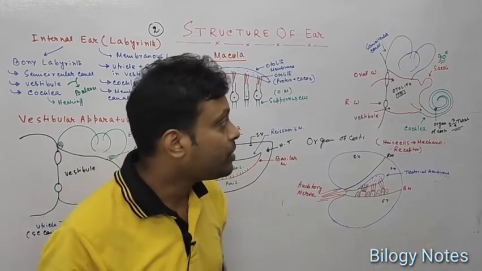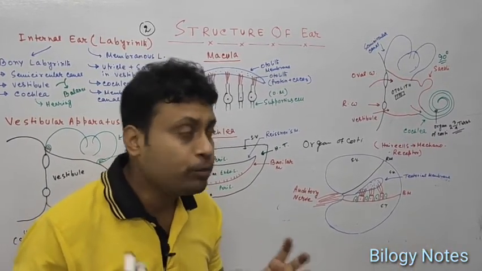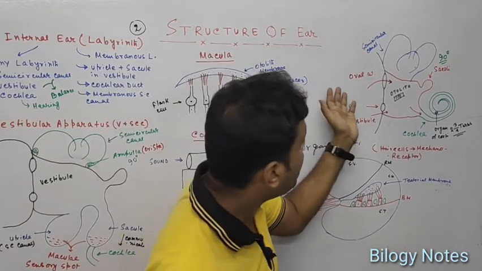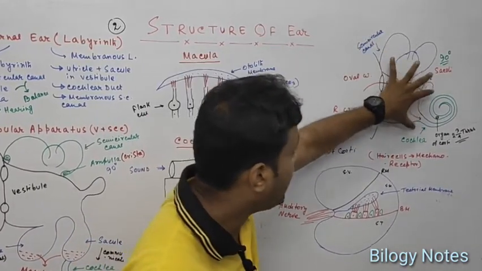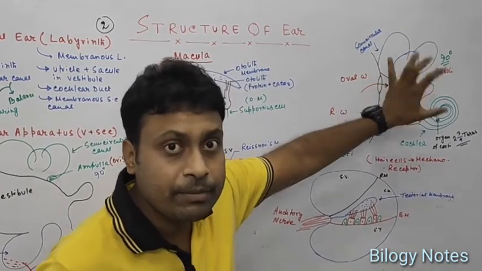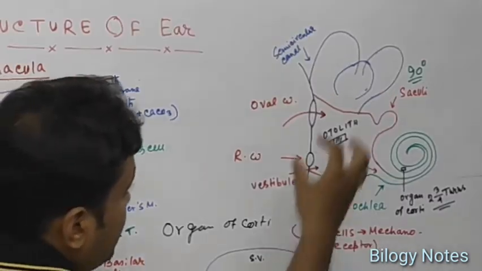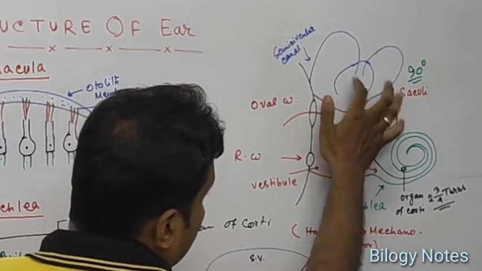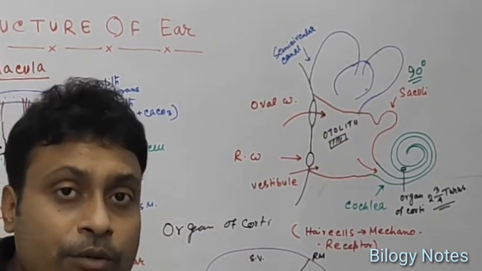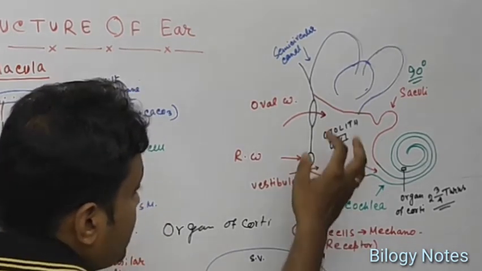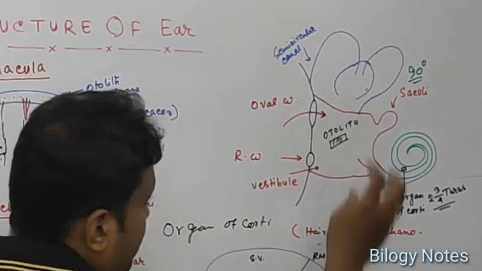Okay, and another structure is the cochlea. And what will be the position of the cochlea? You can understand the position of the cochlea when you see this diagram, which is also a very simplified diagram. Here you can see the semicircular canals, three of them, which reside perpendicular to each other. Just below the semicircular canals, the vestibule is present.